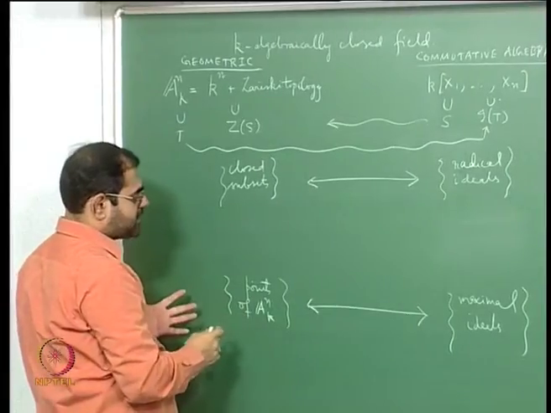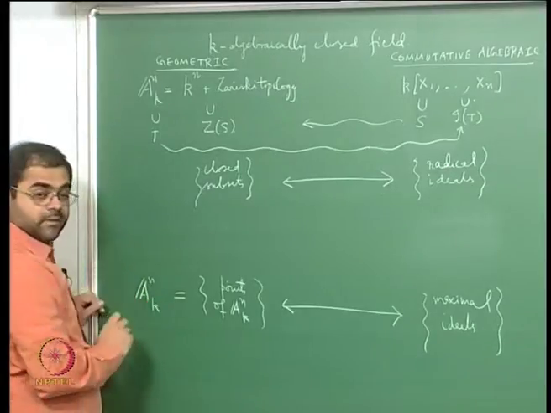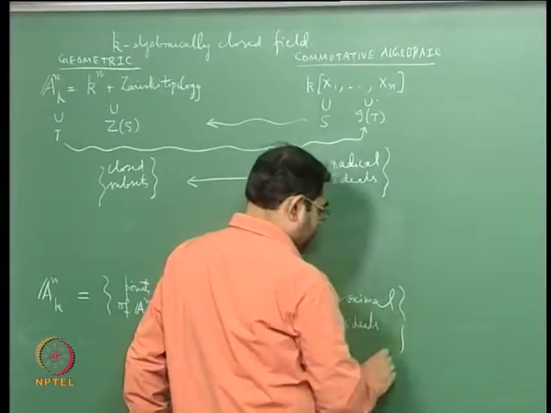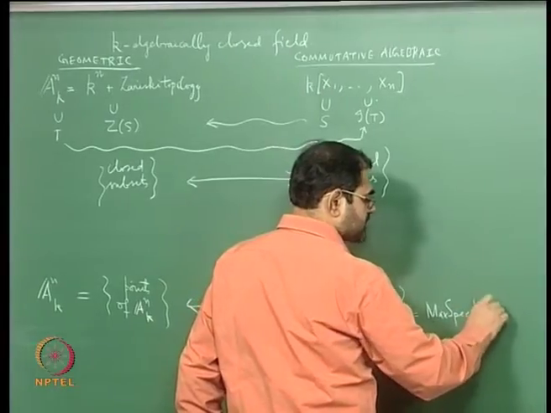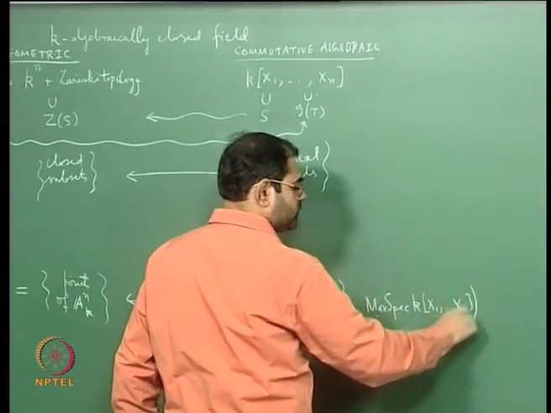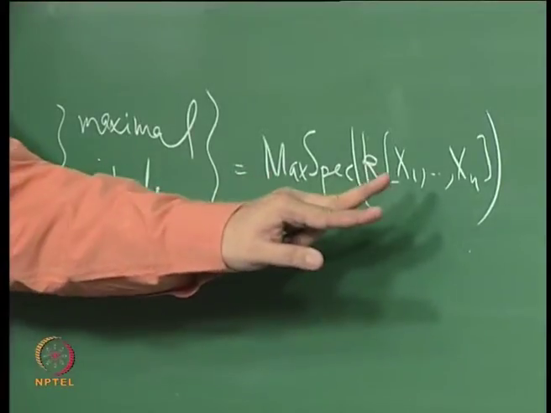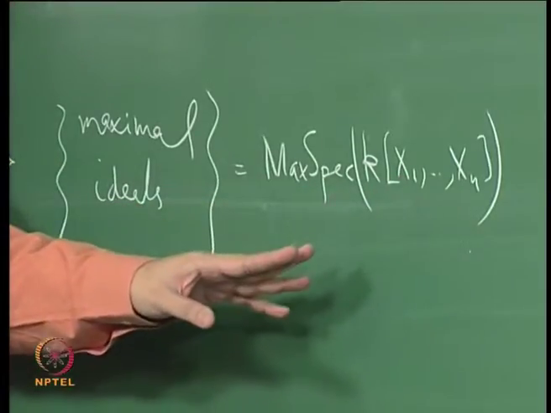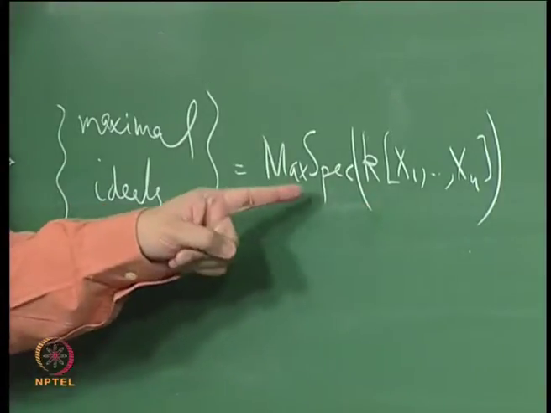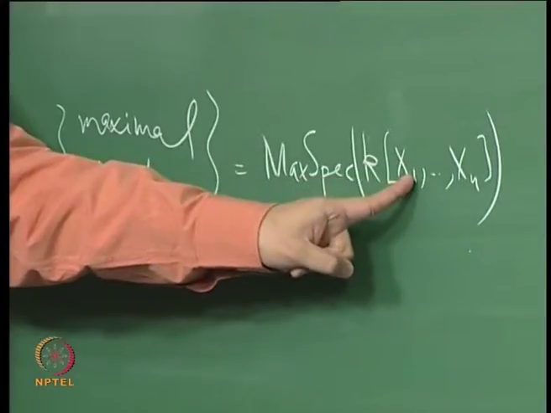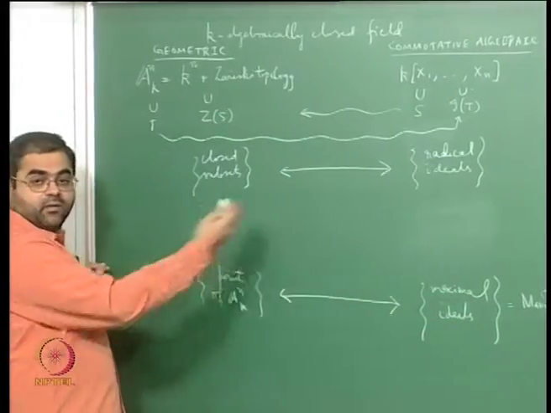So in other words, you can actually write A^n here, and of course the notation for this is the maximal spectrum of the ring of functions, okay.